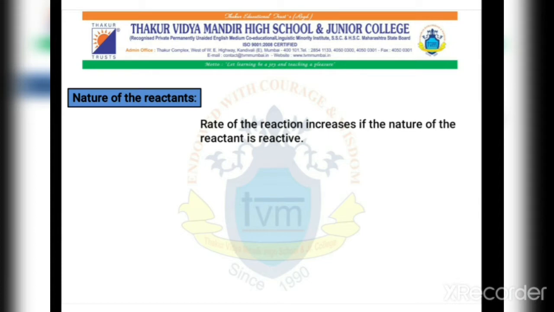The rate of any reaction depends upon the nature of the reactant. If the reactant is reactive, the reaction will be carried out faster.